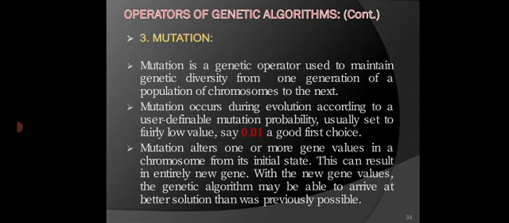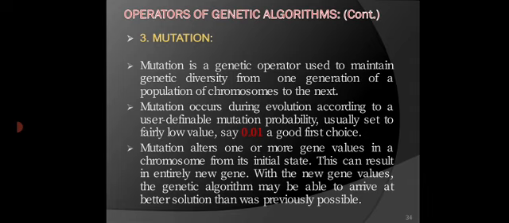It maintains genetic diversity from population to next population. Mutation occurs during evolution according to a user-definable mutation probability. Usually the value is 0.01, the lowest value is set.